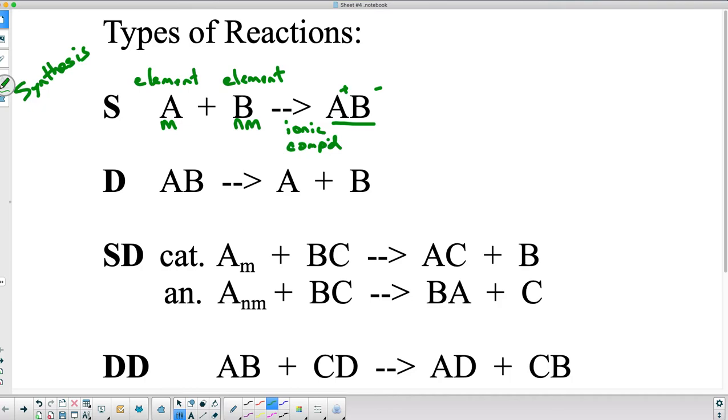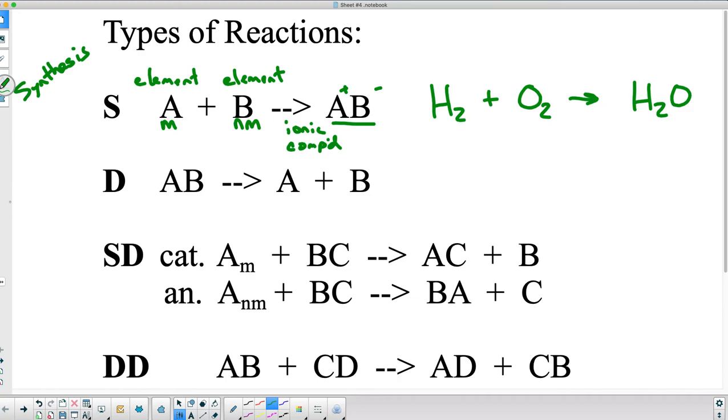A very good or easy example would of course be when we take hydrogen and we add it to oxygen here. Now I know that hydrogen is not a metal, it is a non-metal, but because it gains a positive charge to form water, and this is a pretty common reaction, then obviously this is a good example of a synthesis reaction.